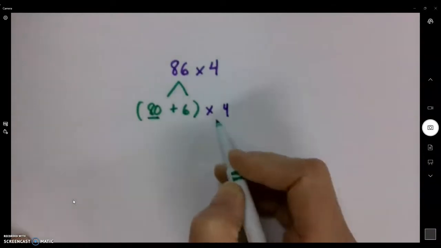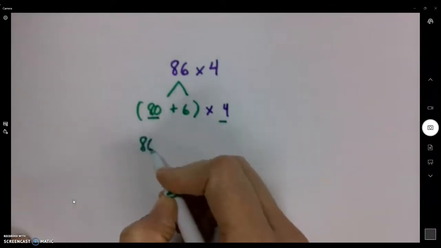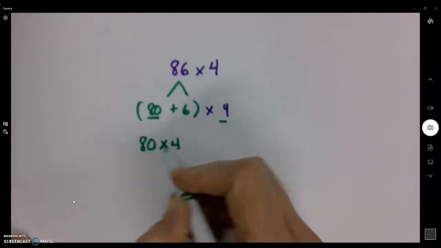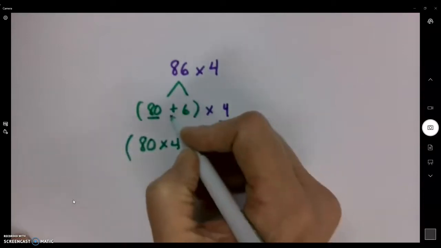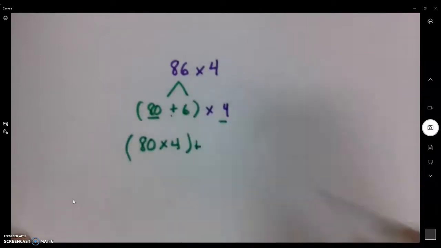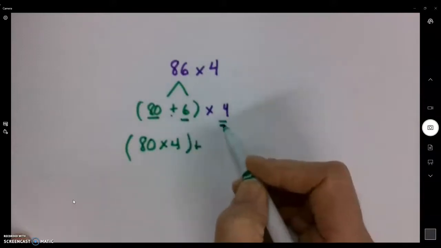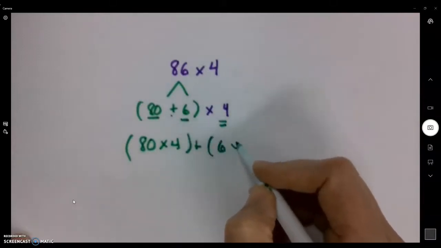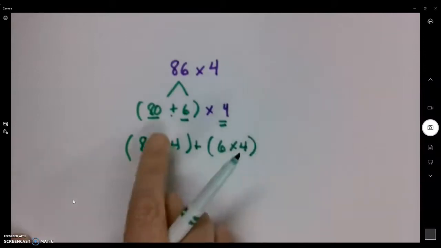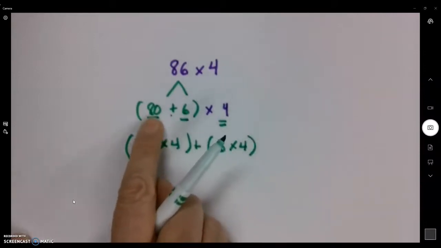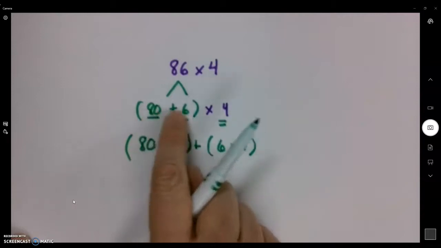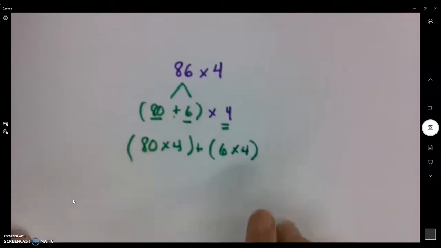So I'm going to take my 80 times 4. And since I'm adding right there, I'm going to continue to add. And this time I'm going to take the 6 times 4. So I'm still multiplying 80 times 4, 6 times 4. I'm still doing 86 times 4.